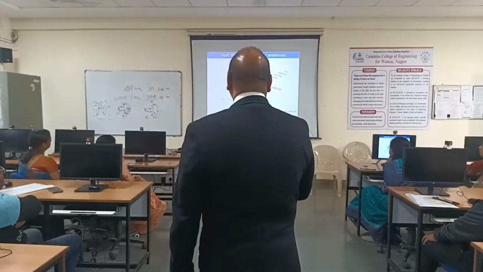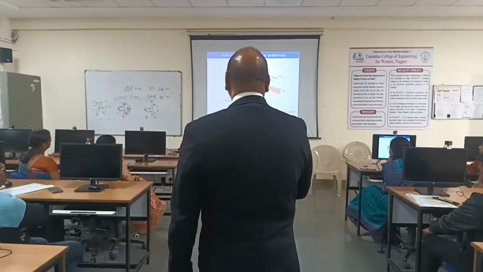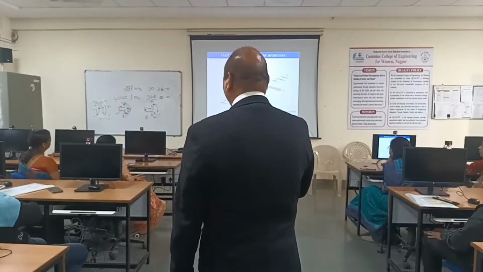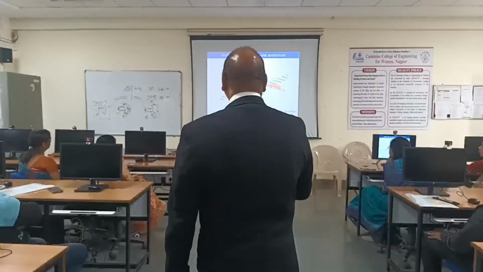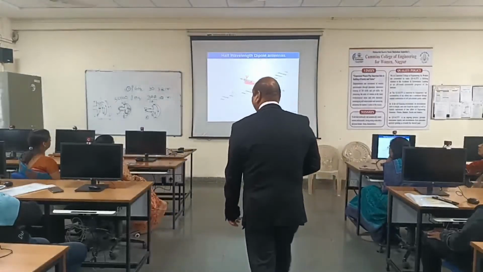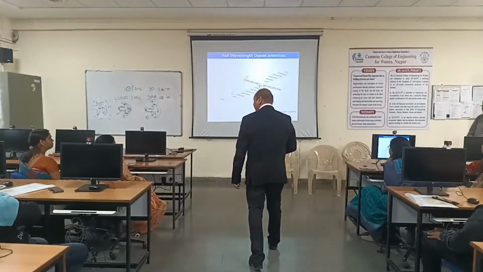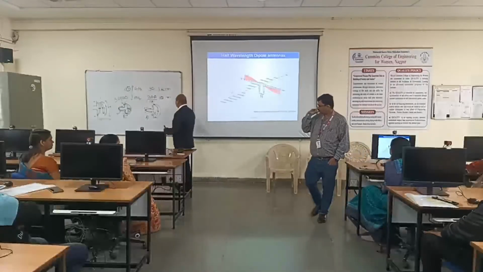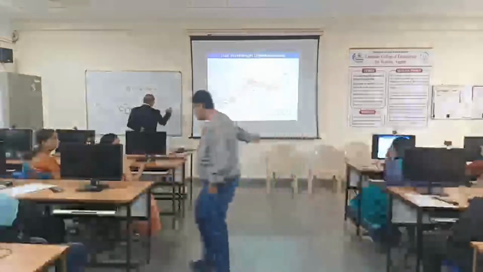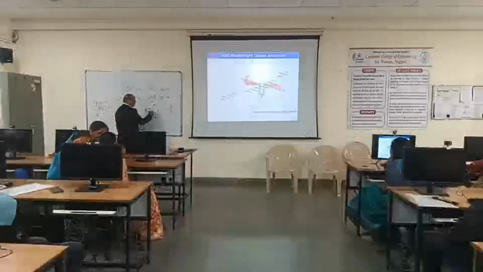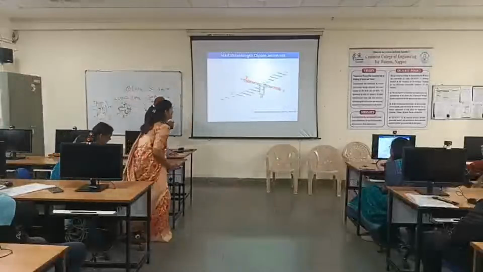Correspondingly, voltage is developed, positive, negative, and it continues like this as you apply the electrical signal. When the voltage is maximum, current is minimum, and vice versa. We know that Z is equal to V by I. When voltage is maximum, current is minimum, so we have to find out accordingly where to feed. Next.